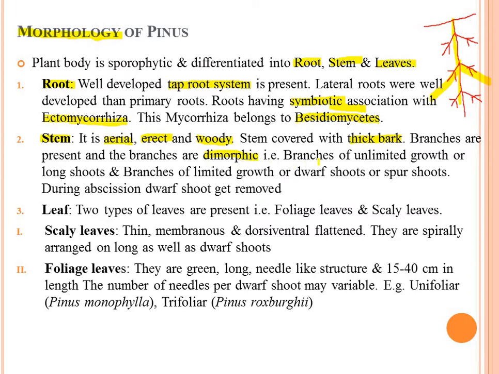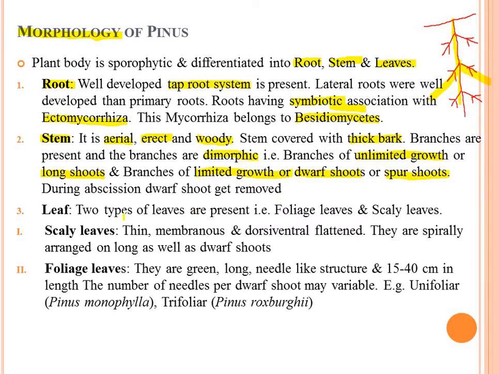The first is branches of unlimited growth, also known as long shoots. The second is branches of limited growth, also known as dwarf shoots or spur shoots. During abscission, dwarf shoots get removed.